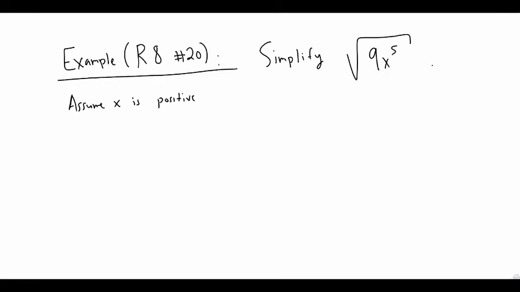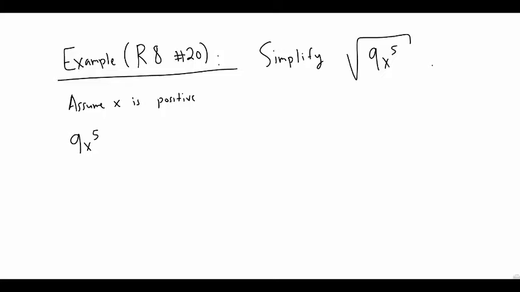Let's do problem 20 out of our point 8. Simplify this radical expression. So simplify here means when we take the radicand, we can simplify whenever we have a perfect square factor.